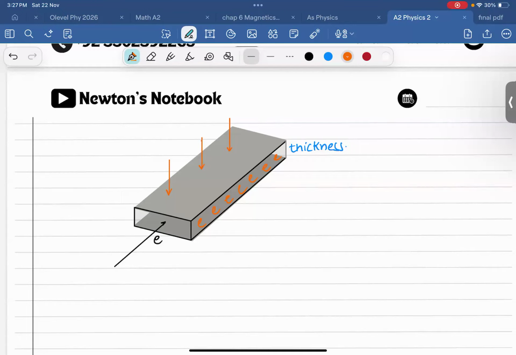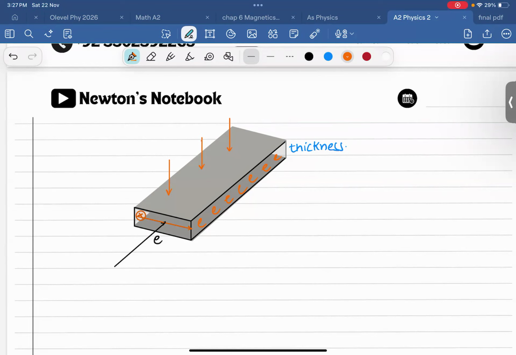On the other side, the positive charge will appear, because if one place is getting negatively charged, the other plate would be positively charged. So over here we'll have the positive charge. This causes an electric field to be created, and the electric field will be in this direction.